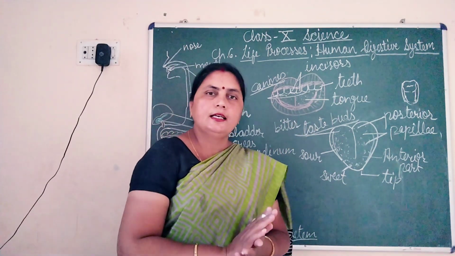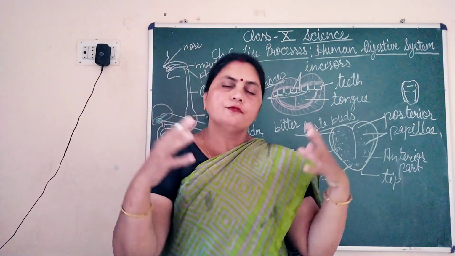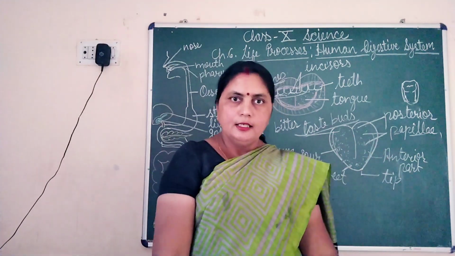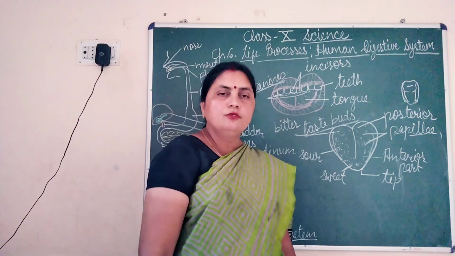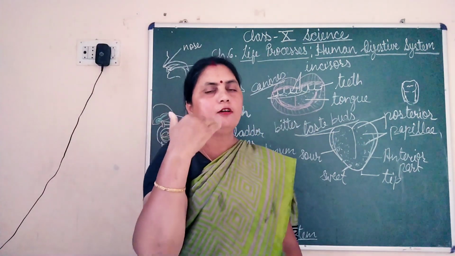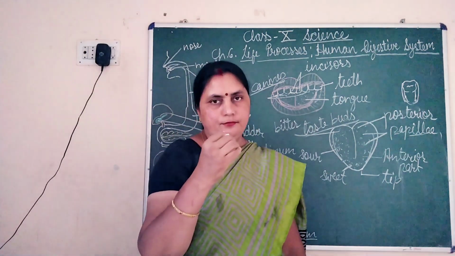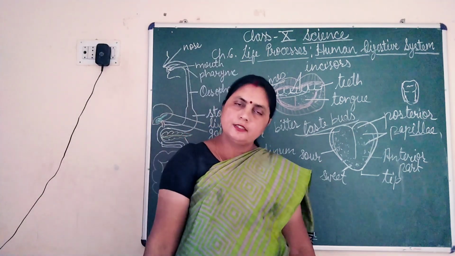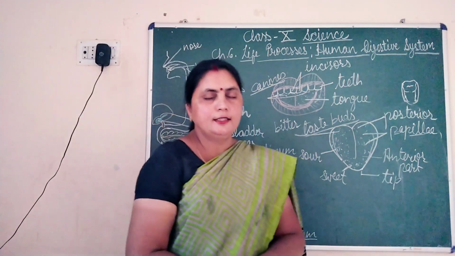And these salivary glands are provided with ducts. Ducts means small tubes. So from those salivary glands, with the help of those small ducts, the saliva is secreted in our mouth. Due to that saliva, the inner environment of the buccal cavity is always wet.